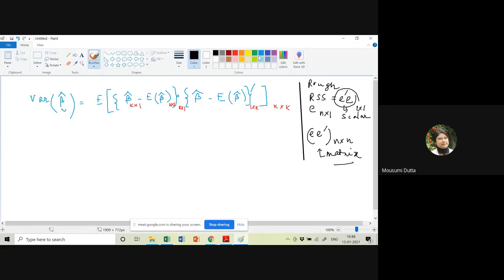Now coming back to this, it is the expectation of beta hat minus beta, as it is already proved that beta hat is an unbiased estimator of beta.